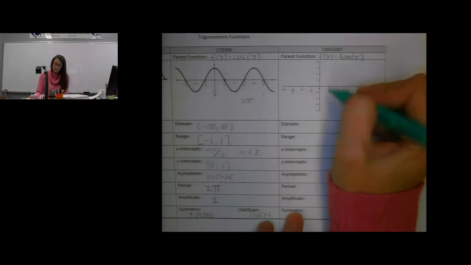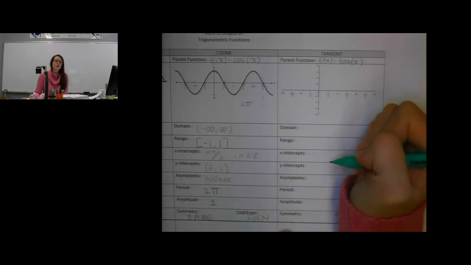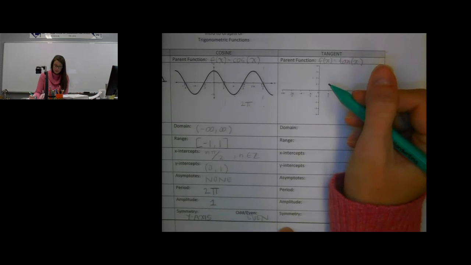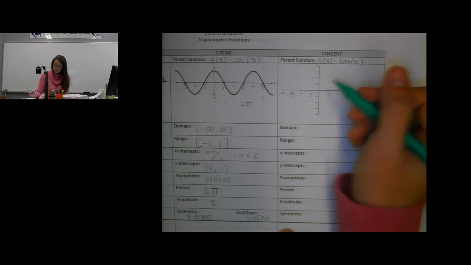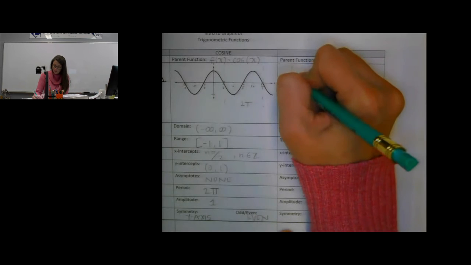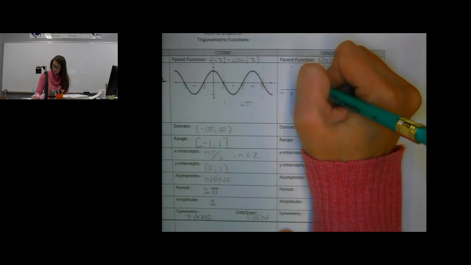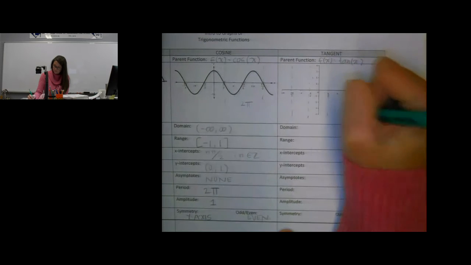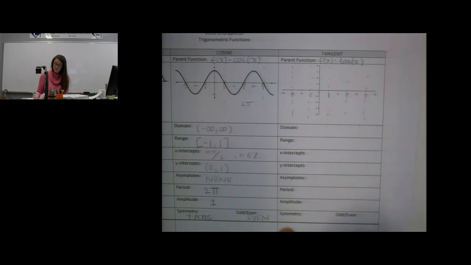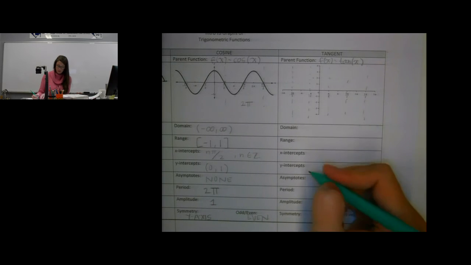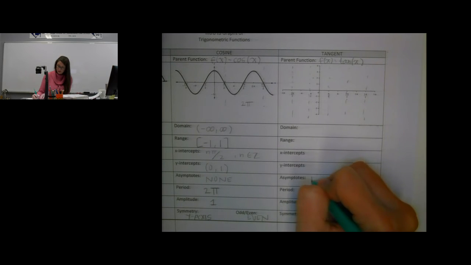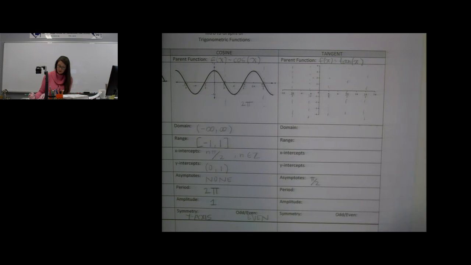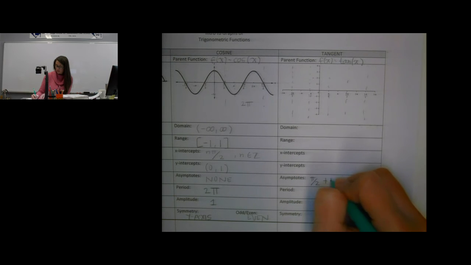So we're going to have asymptotes at tangent because we're undefined at some places. Okay, and we're undefined at those places of some pi over 2. Okay, so we are going to have asymptotes at some value. So each pi over 2, okay, plus an n pi.